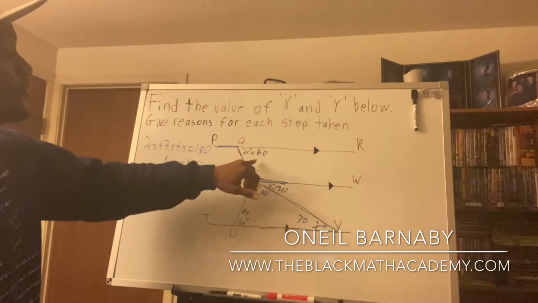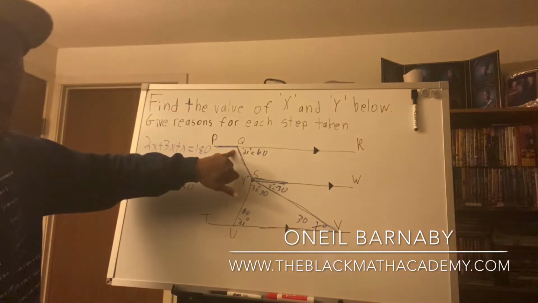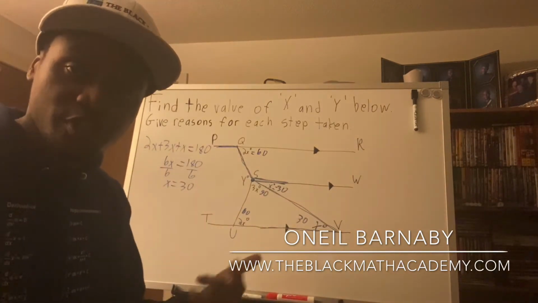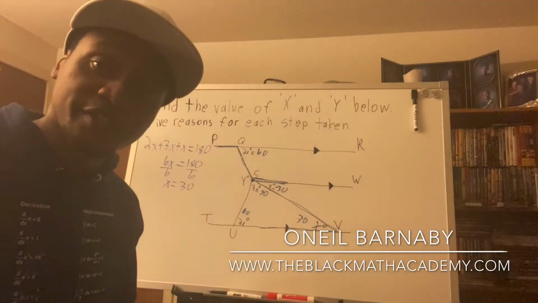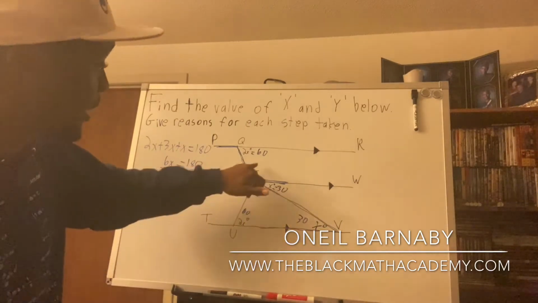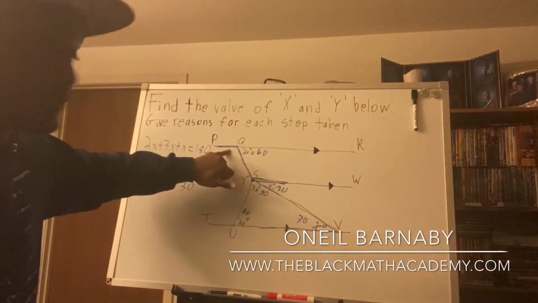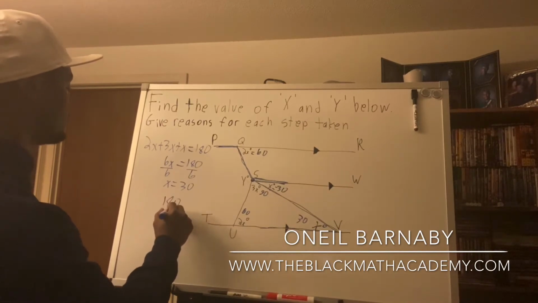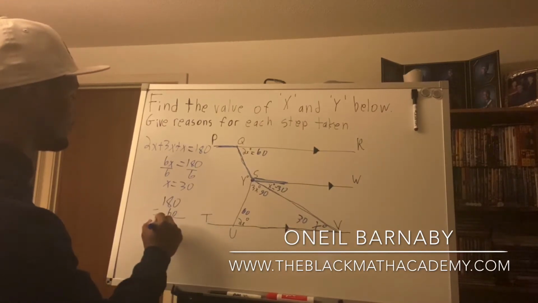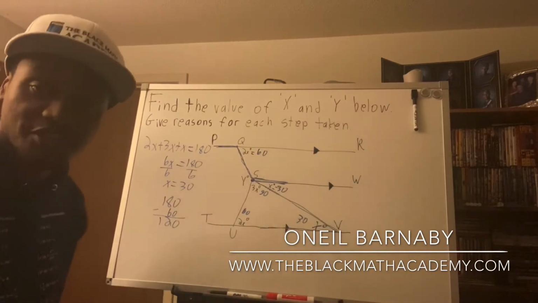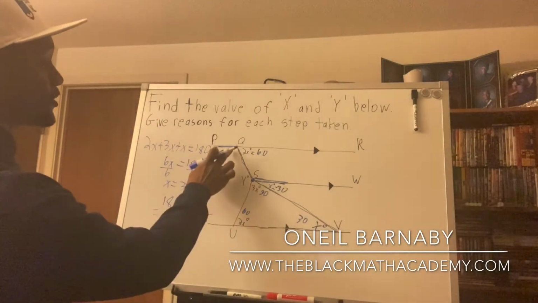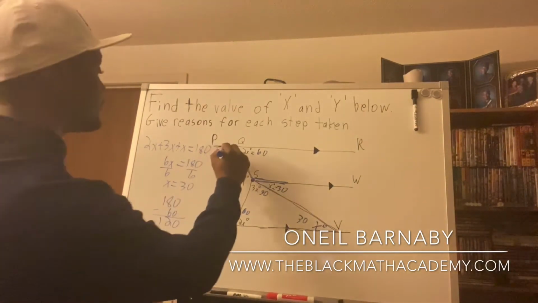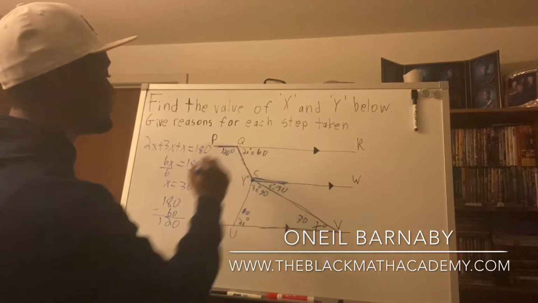So that means this 60 plus this missing value is equal to 180 degrees. So the way to find it is to take 180 and subtract 60. That'll give us the missing value. So 180 minus 60 is 120 degrees. So this obtuse angle sitting here is 120 degrees.